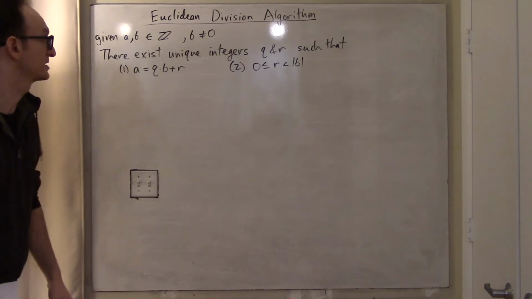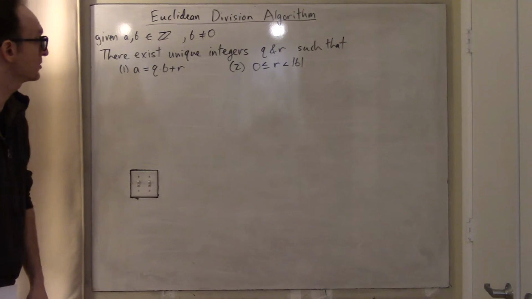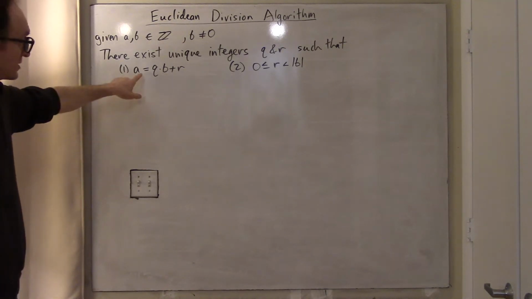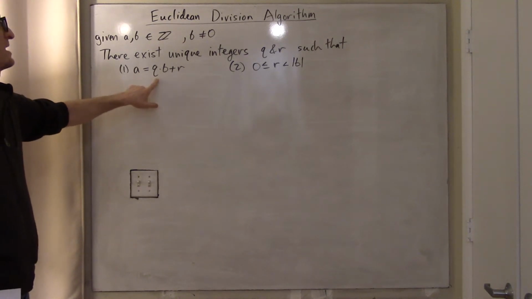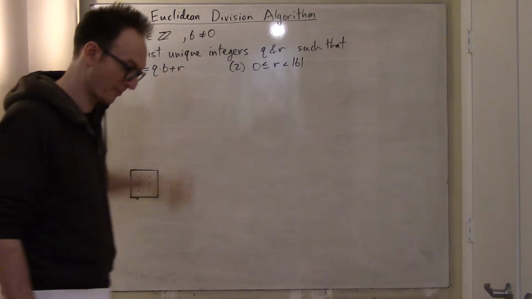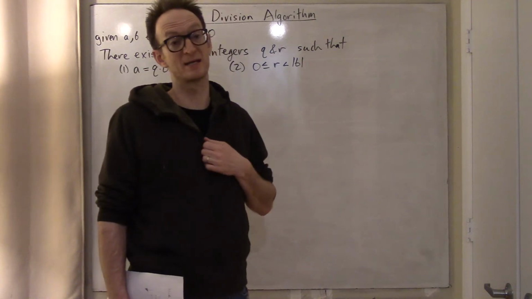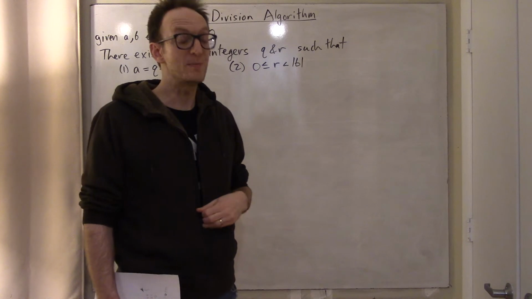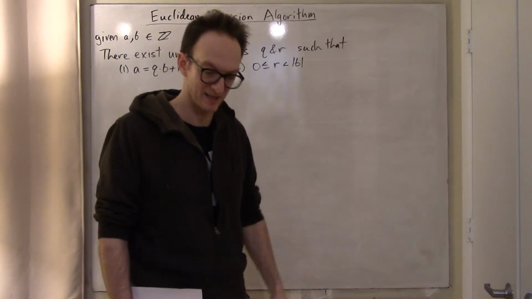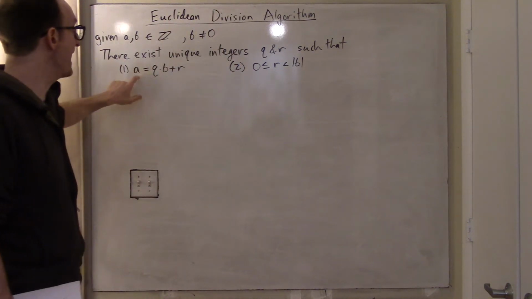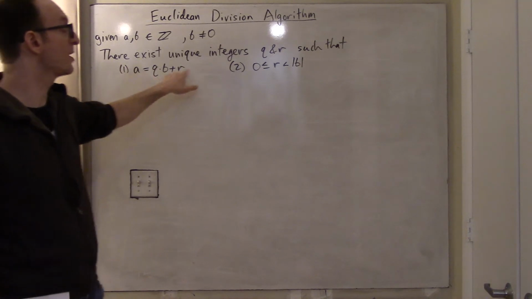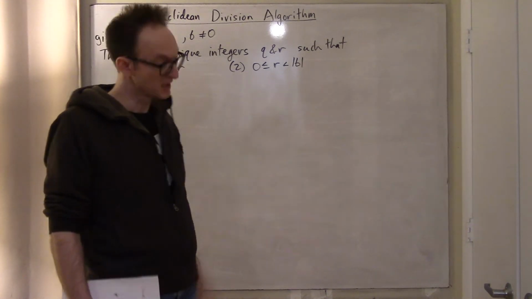That's integer division, and when you do that, b is going to go into a a certain number of times, plus there's going to be some kind of remainder. And you can keep finding b's in a until your remainder is pretty small, specifically less than b.